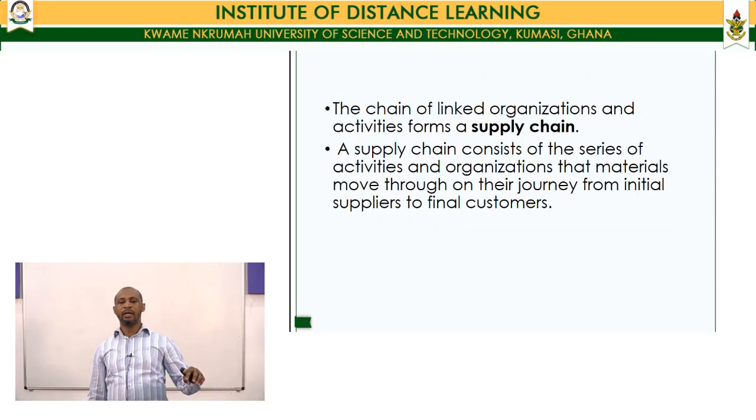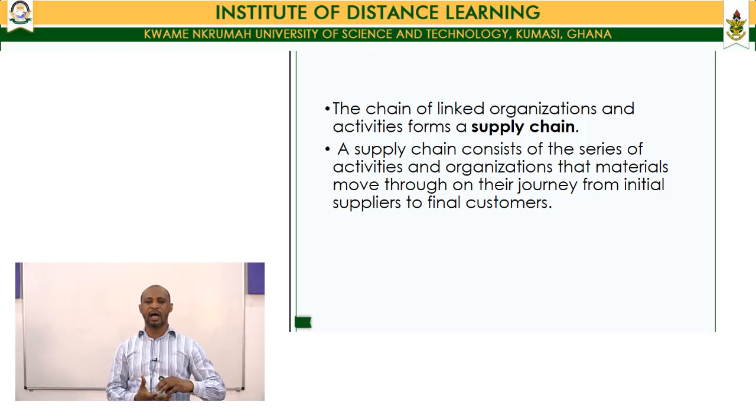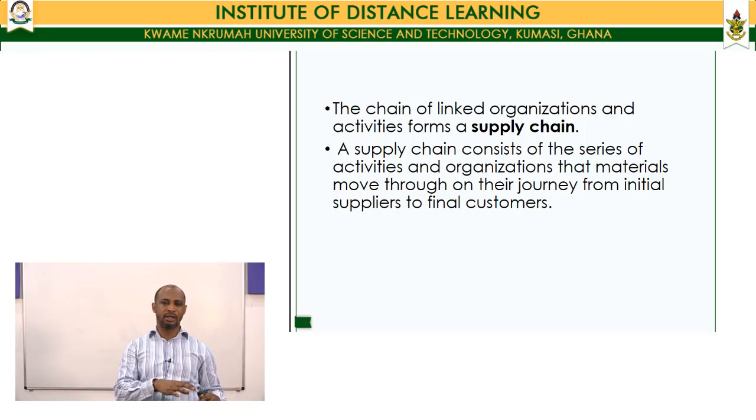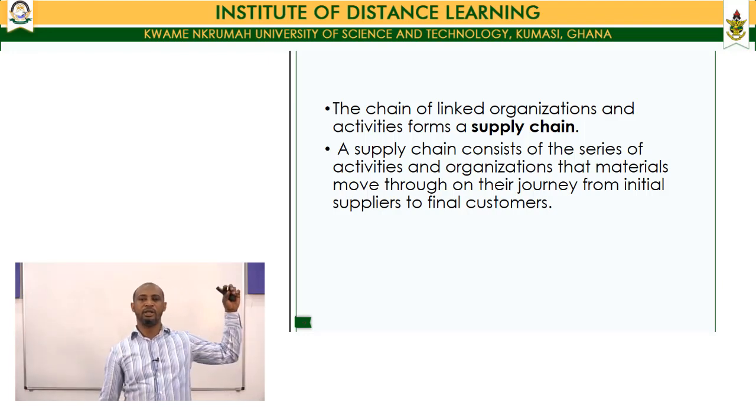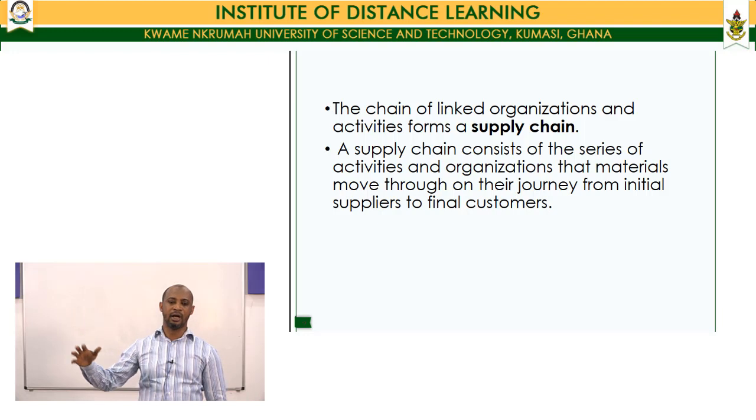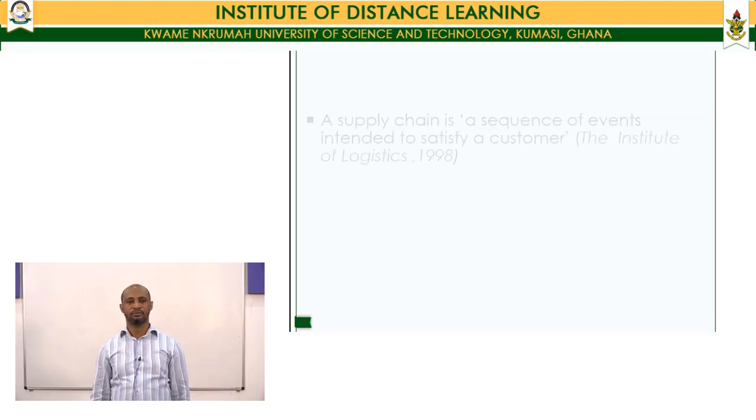So when these organizations are linked together, their activities are linked together to create that seamless flow, then we say there's a supply chain. And therefore, the supply chain consists of a series of activities and organizations that move materials through their journey from the initial suppliers to the final customers.